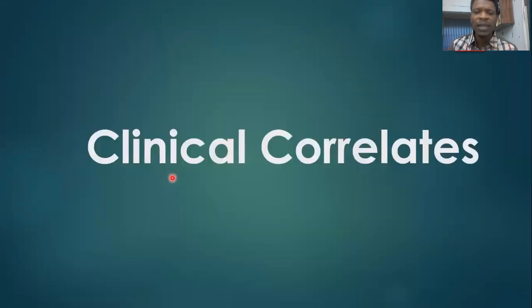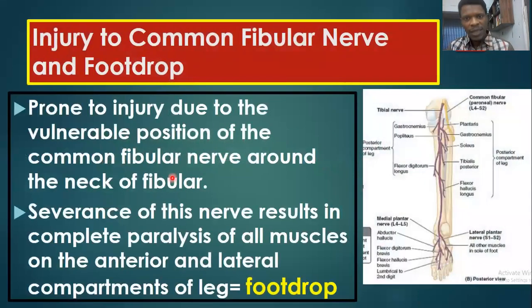Okay, so clinical correlates. Let's look at this quickly. What happens when the common fibular nerve is damaged? All the muscles of the anterior and lateral compartments of the leg are gone. So we have the evertors gone, and we also have the dorsiflexors gone.